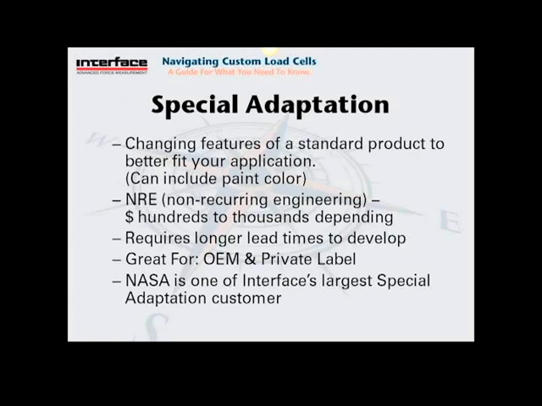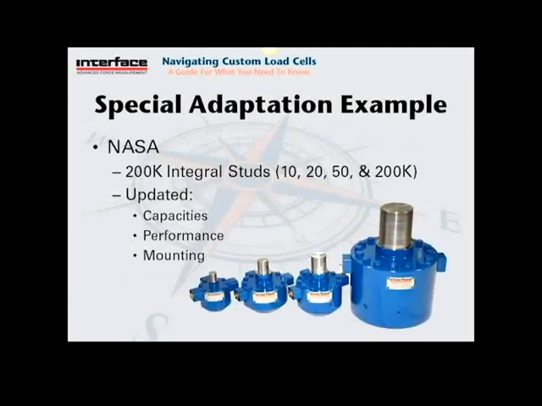NASA is one of our bigger customers that we do some special adaptations for. And these are some integral stud load cells that we made for them recently. They're a 1200 series load cell. They were triple bridge with integral studs, and they had female threads in the base.